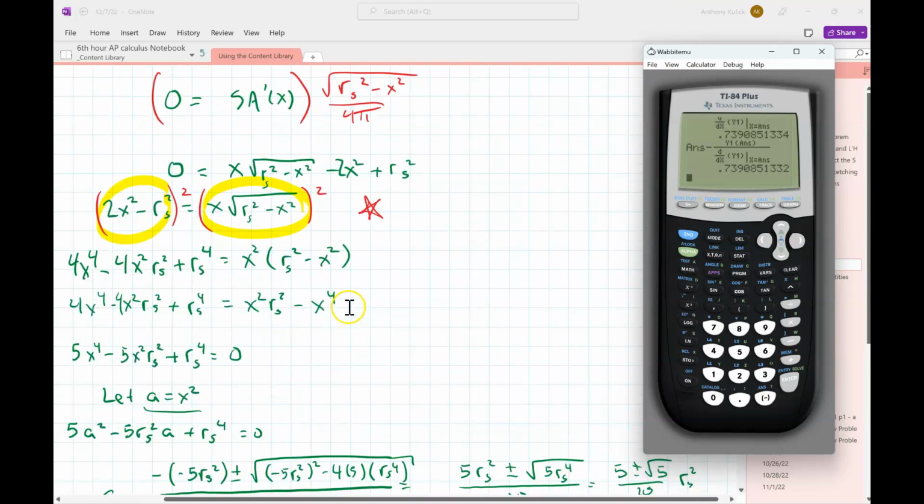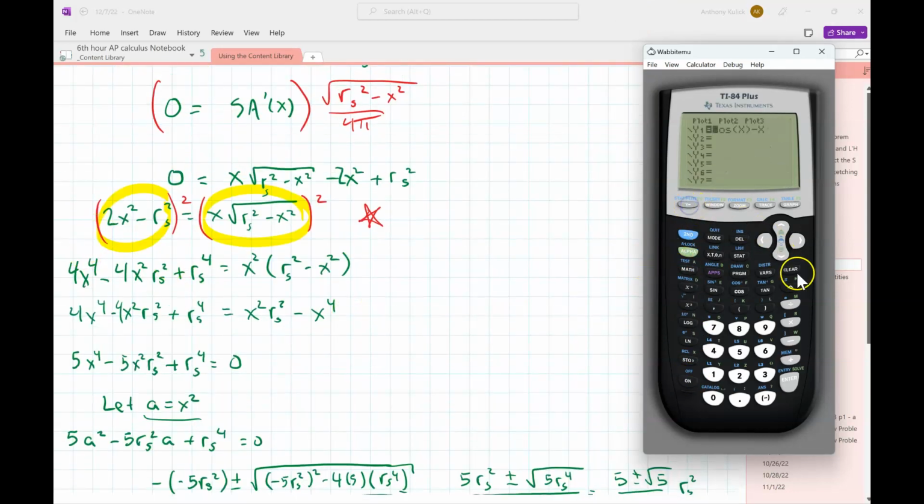So we're going back to here. Let's try this real quick. Maybe that's the cheaper way of doing this. So I'm just going to make r 1.